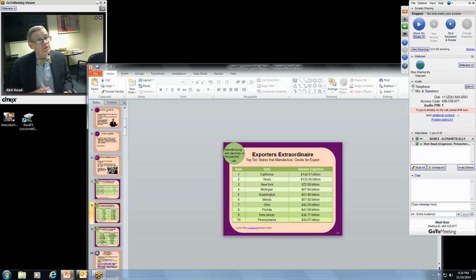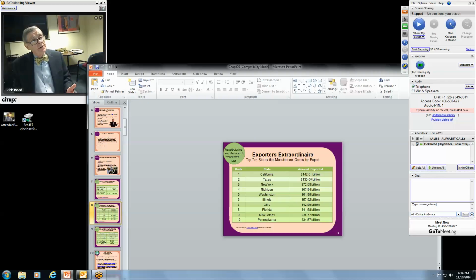These are the states that export. If you just look at the top 3 states, they're all exporting in excess of $70 billion. That's a lot. And California, we wouldn't think as a manufacturing state. We tend to think a manufacturing state is the old Rust Belt: Michigan, Ohio, Pennsylvania, Illinois, New York to some extent, states like that.